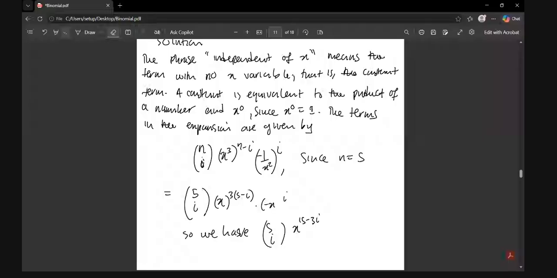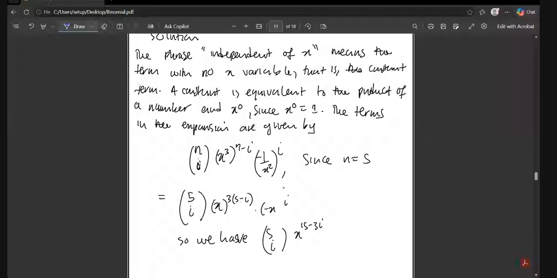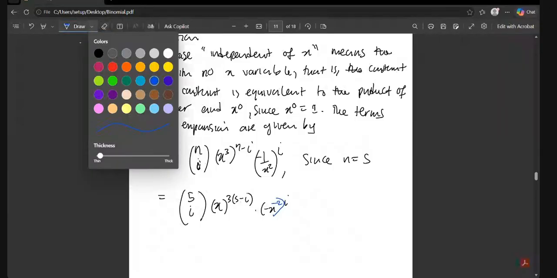Good. So let's delete here. Let me write it in a mathematically correct way. So this is negative x to the power negative 2, then raised to the power I. At this point, you only focus on the powers of x.